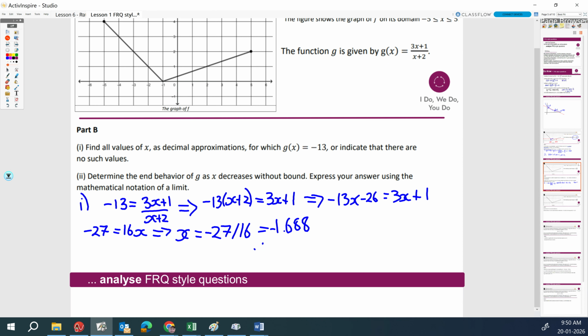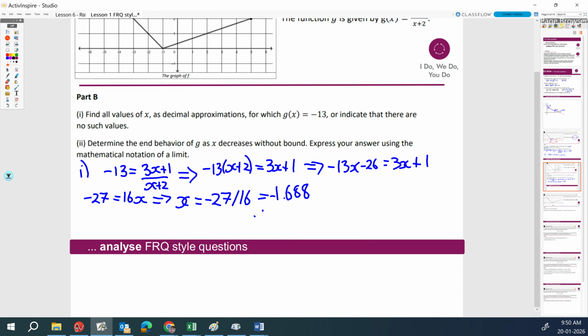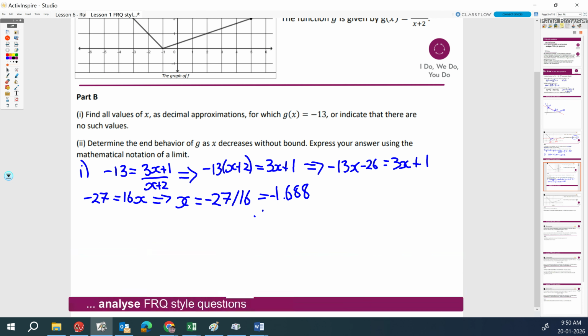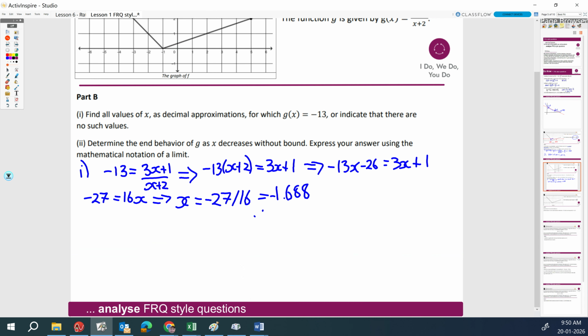I need to do the limit value now. This one's a little bit easier. It tells me that I have to determine the limit behavior of g as x decreases without bound. So for part 2, notice me telling the examiner which part I'm answering by writing the I and the I. Stick to that.